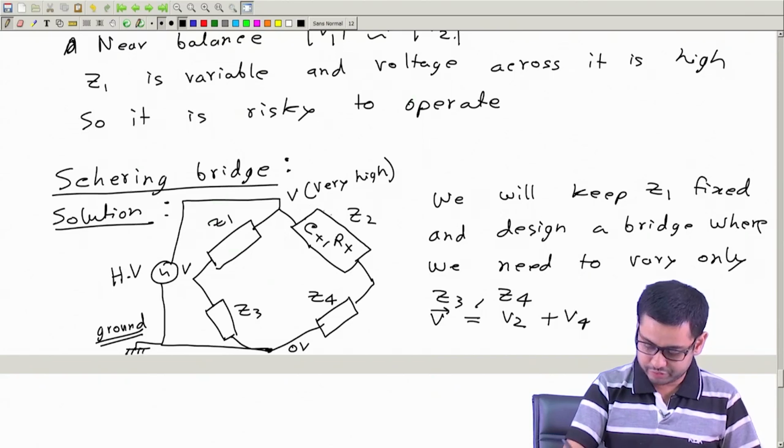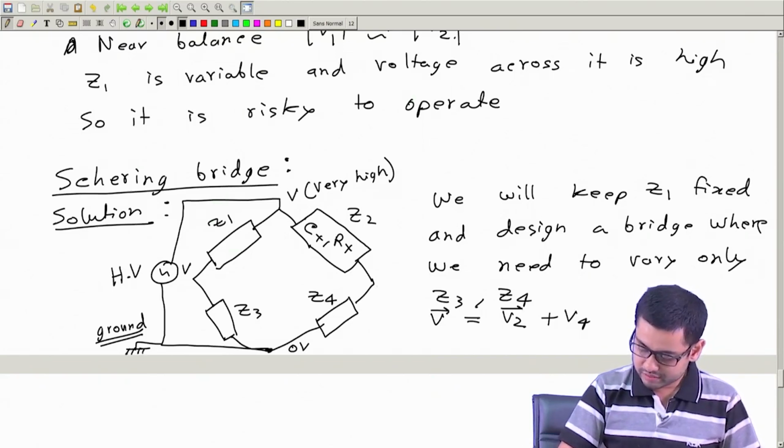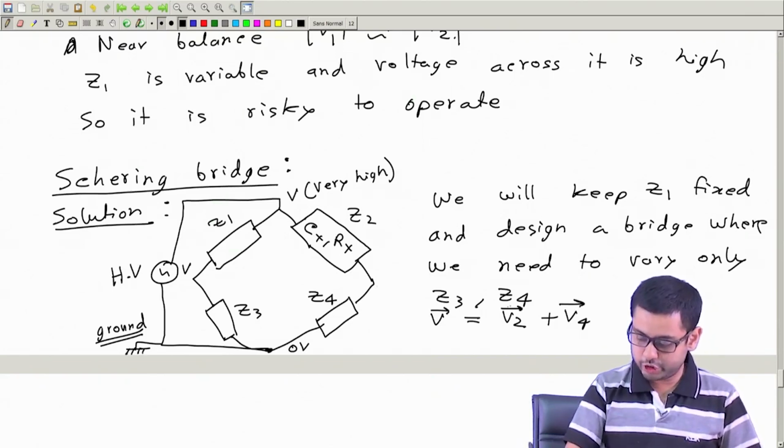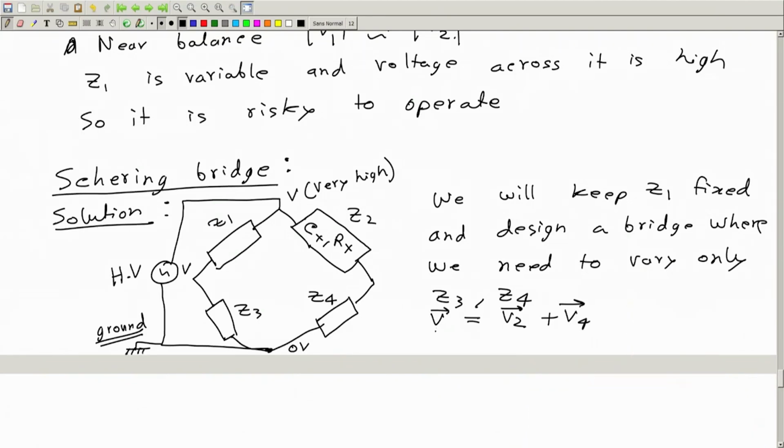I am not drawing V2 and V4, but the meaning is clear, V2 across Z2, V4 across Z4. So, V is very high, but we will choose V4, that means the voltage across Z4, to be small.